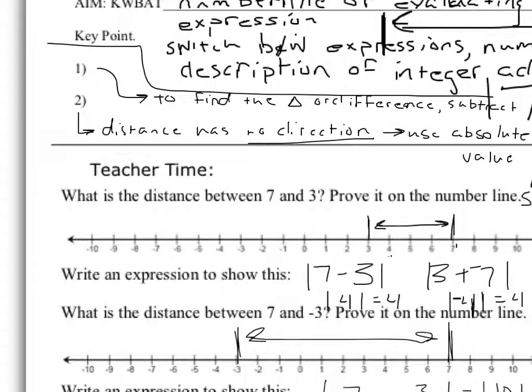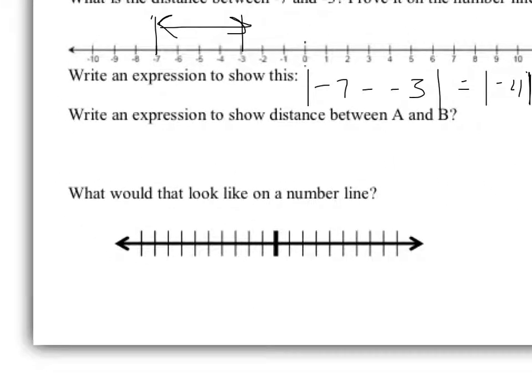So those are our real 2 key points from this first half of the lesson today. Number 1, if we want to find the change of something, we always subtract. Number 2, if we want to take off the direction, which we do in the case of distance, we use the absolute value symbol.